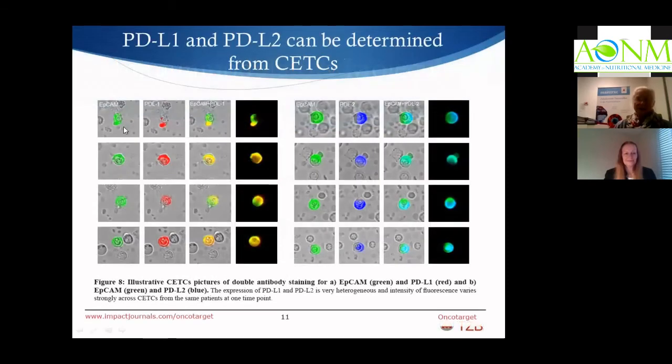We can test for them, and as you can see, again, an epithelial cell, PD-L1 in this cell, and the merged pictures, or PD-L2 in these cells. So we can test for these receptors and tell the treating physician this patient has PD-L1 positive cells.